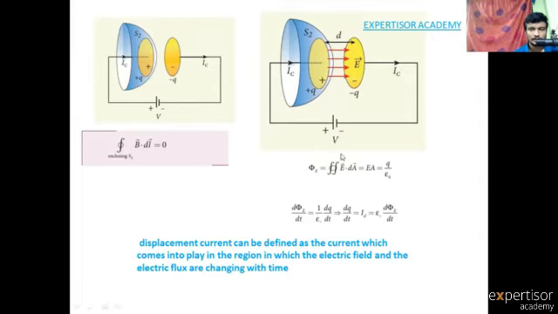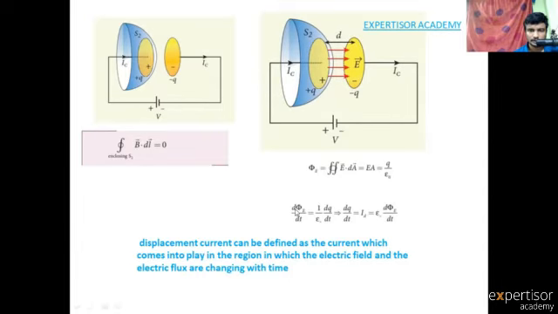Here the charge propagation is present, so the double closed integral of electric flux is equal to 1 by epsilon naught times the net charge in this region. So this one represents Gauss's law.